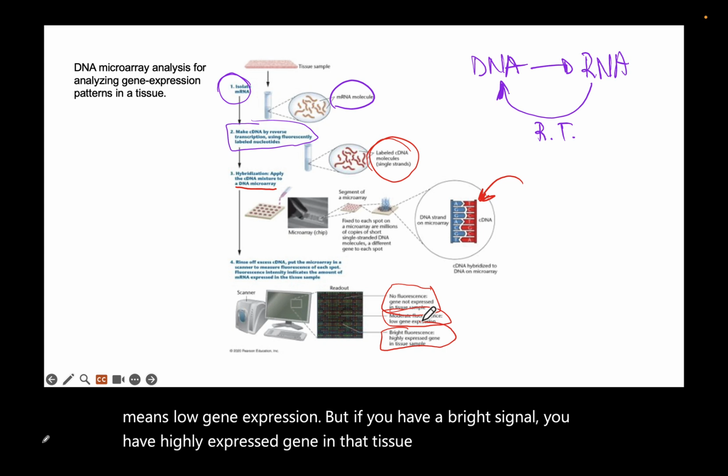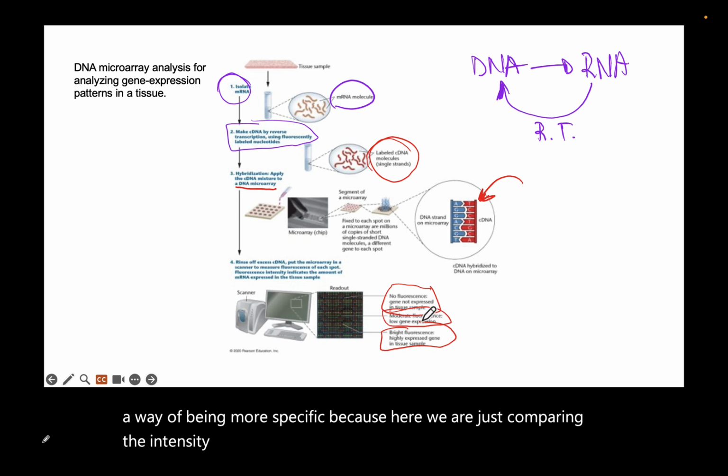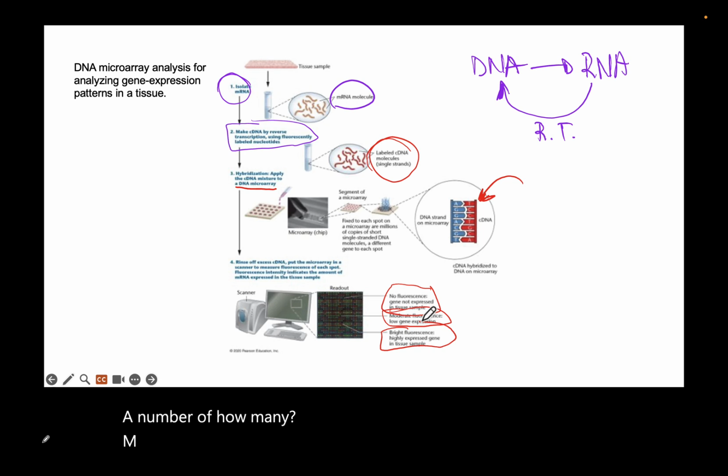Okay? But there is a way of being more specific, because here we are just comparing the intensity of the light. We're not actually getting a number of how many mRNAs we have in that sample.